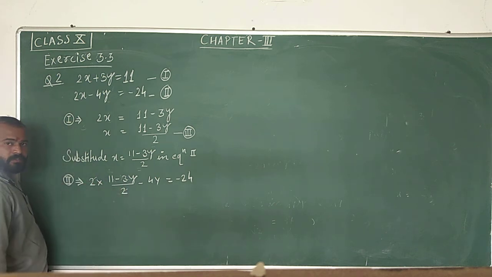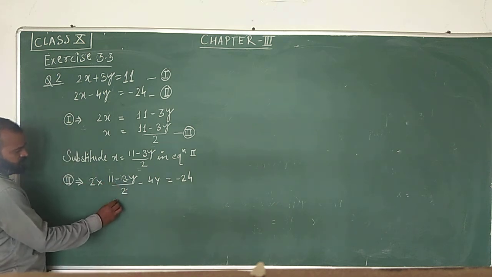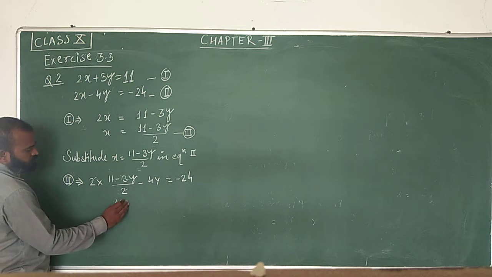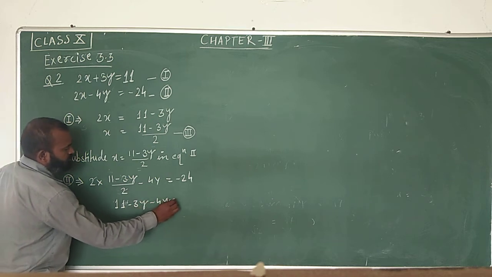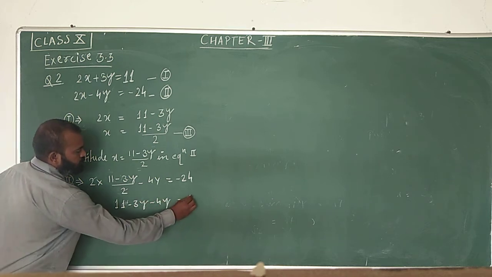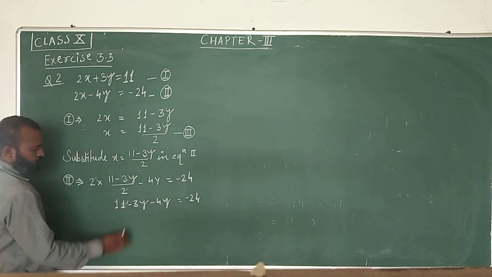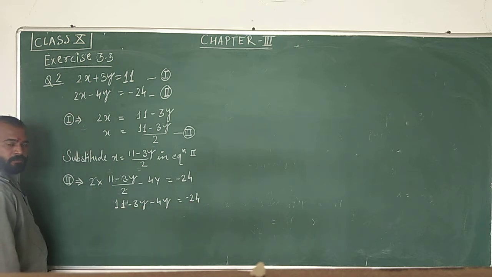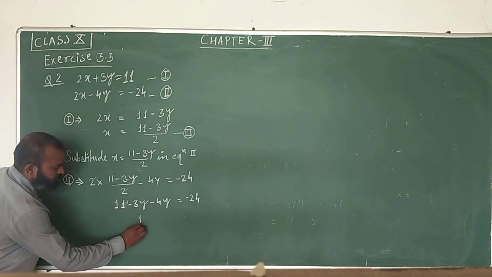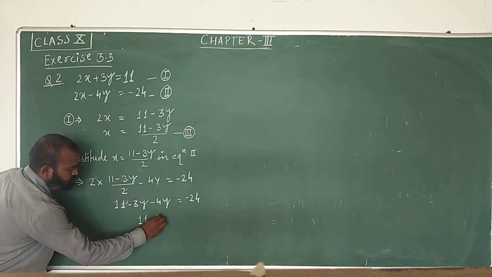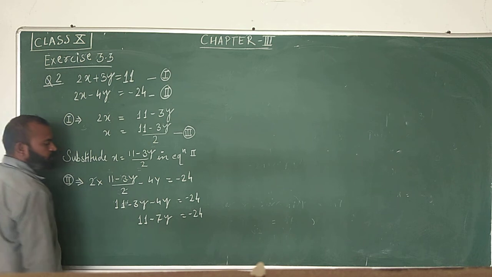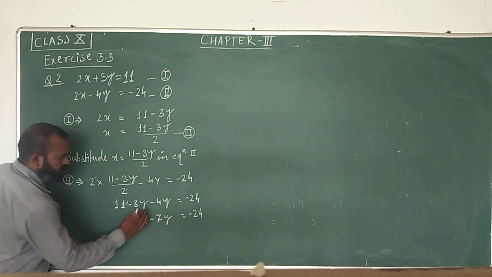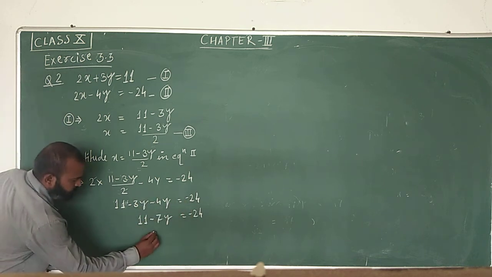These two will get cancelled. Here 11 minus 3y minus 4y equals minus 24. So 11 minus 7y equals minus 24. Send 11 to that side.